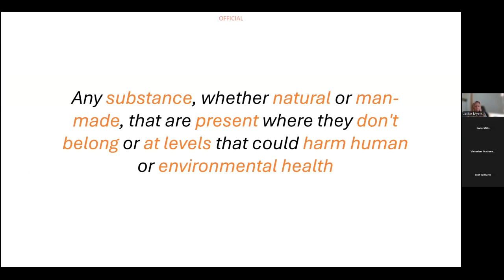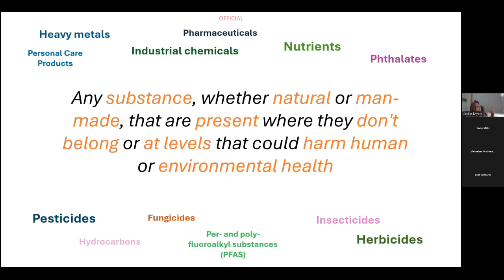Contaminants originate from the thousands of chemicals produced and used in our everyday lives, with many new chemicals continually being developed. Any of these can make their way into our waterways, and that's where they become contaminants. Some examples are what I've got listed here: things like pesticides, heavy metals, PFAS, and also things like excess nutrients.